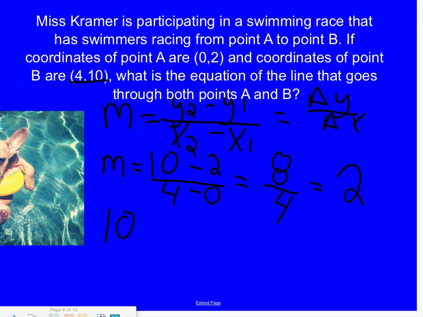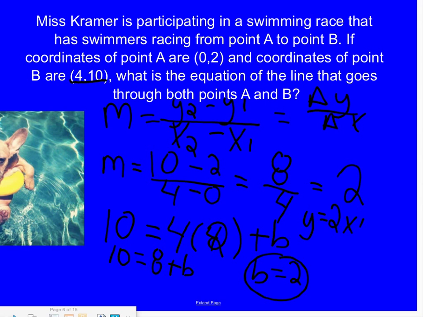So I got 10 equals 4 times 2, plus b. So you get 10 equals 8 plus b, so b equals 2. So our equation is y equals 2x plus 2.